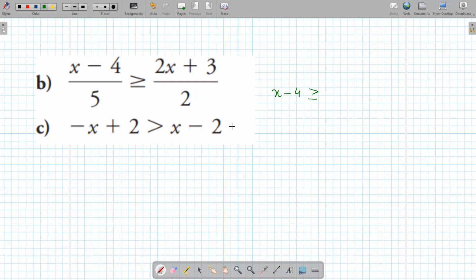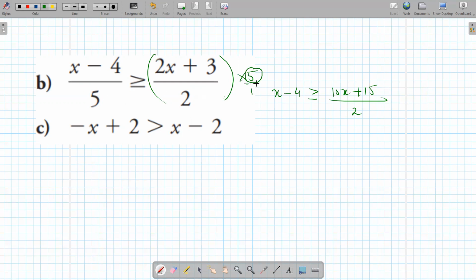Do I multiply everything with 5? What do you think? Yes. So you're going to be doing this times 5. So what do you get? So 10x plus 15 over 10. No, over 2, okay? Because you see that 5 is in the numerator here.